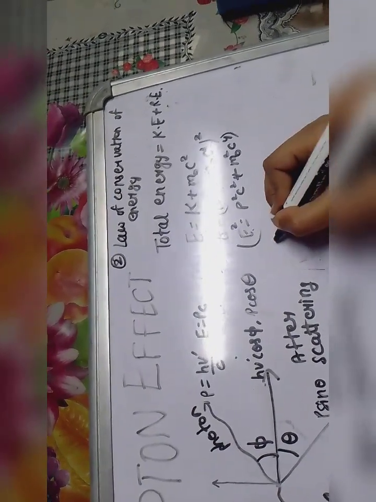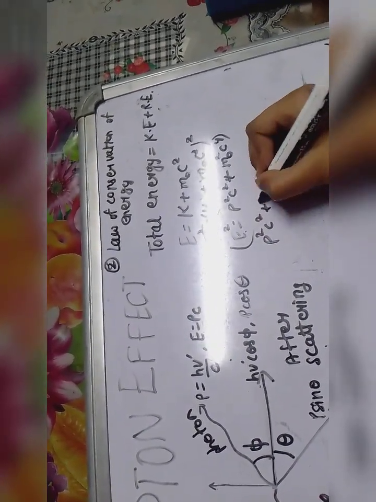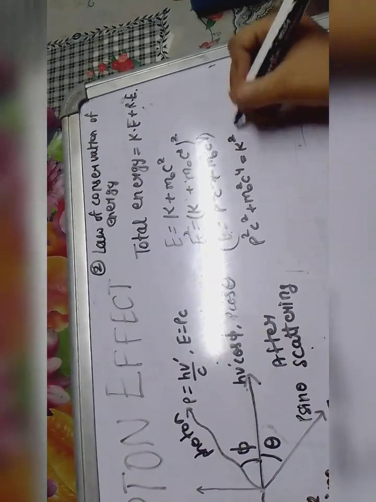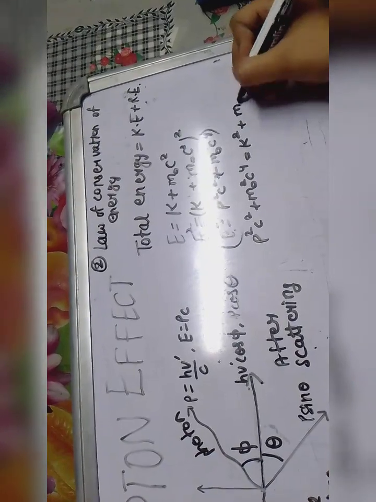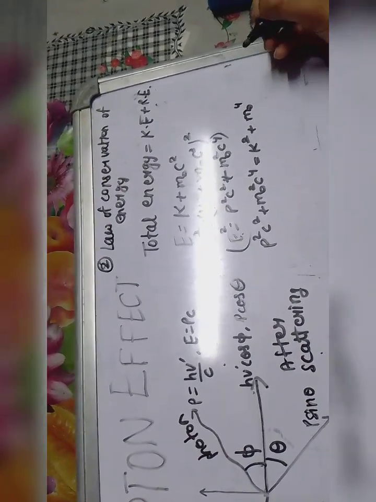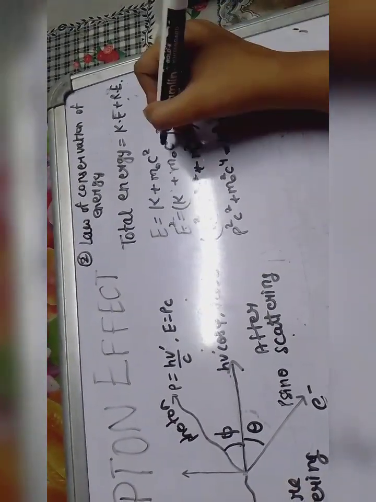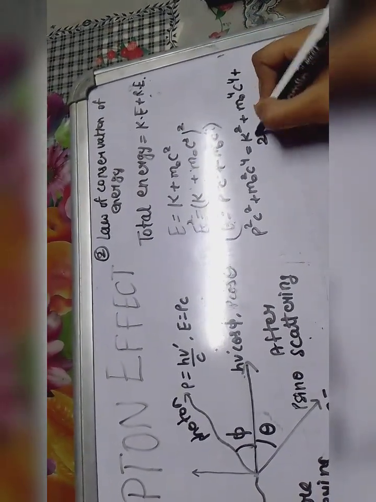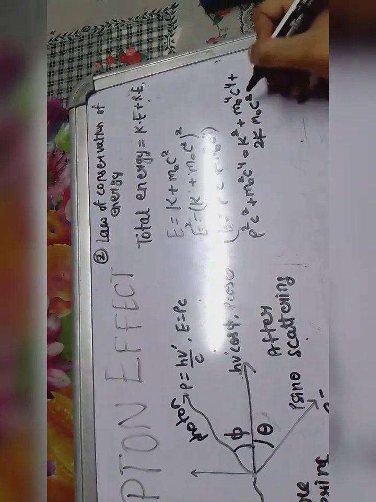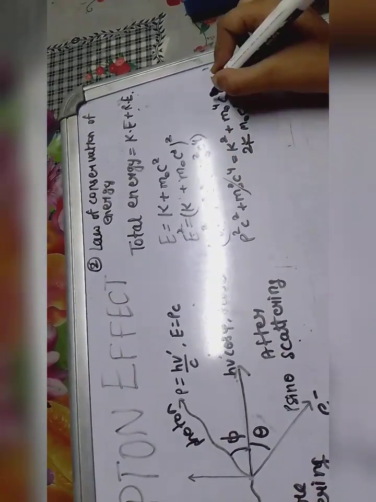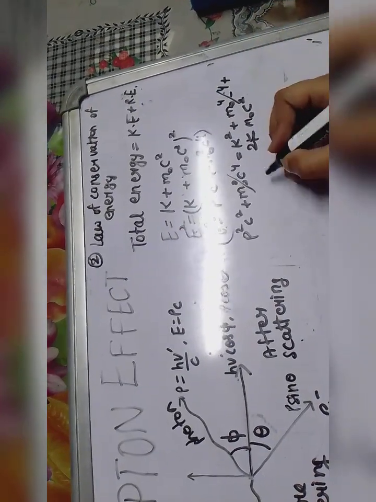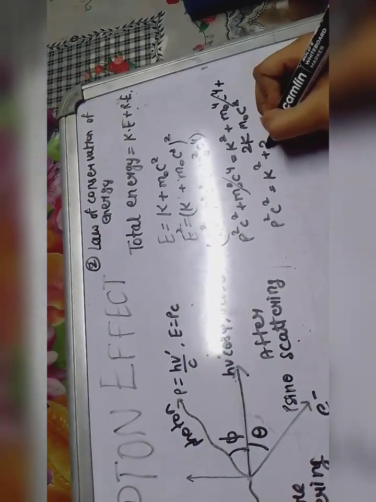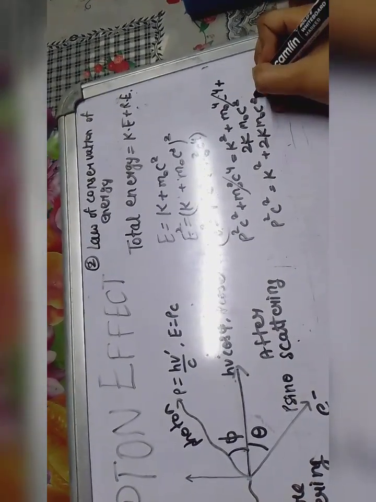So I get p square c square plus m naught square c power 4 is equal to k square plus m naught square c power 4 plus 2k m naught c square. Now this m naught square c power 4 cancels out, so p square c square is equal to k square plus 2k m naught c square.